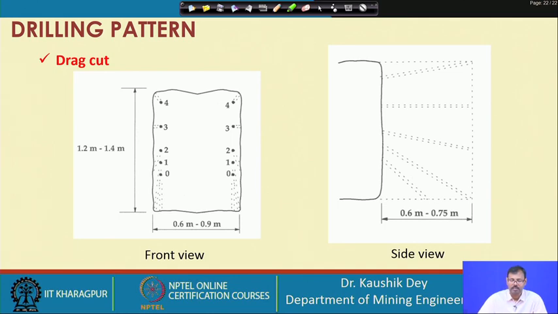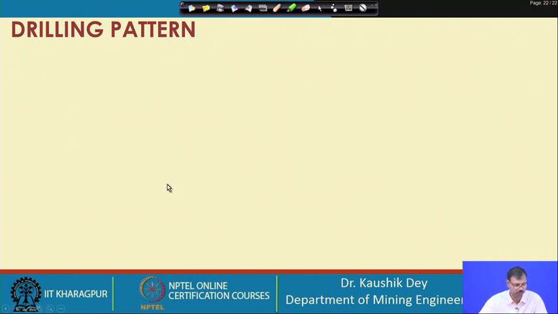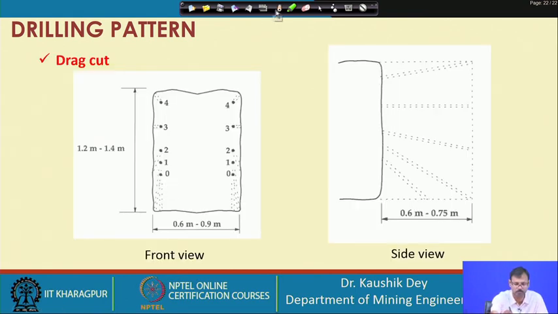angle is given vertically. So, you can see the first drill hole which is drilled is angling downward, and this is the first wedge angle given.